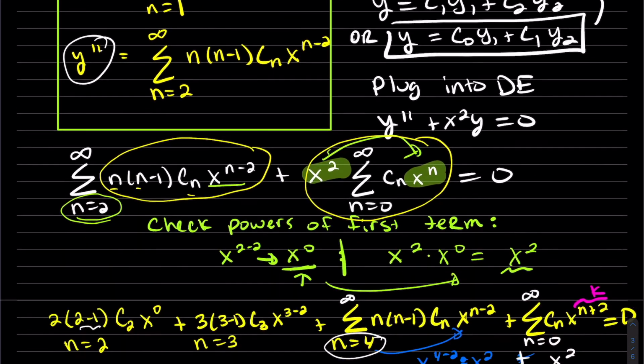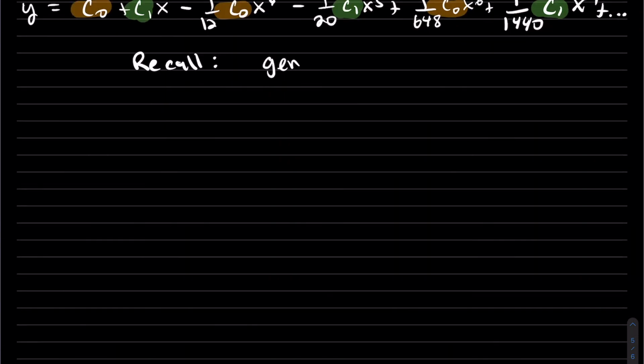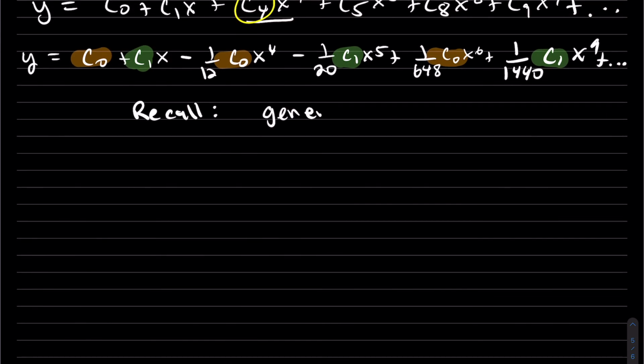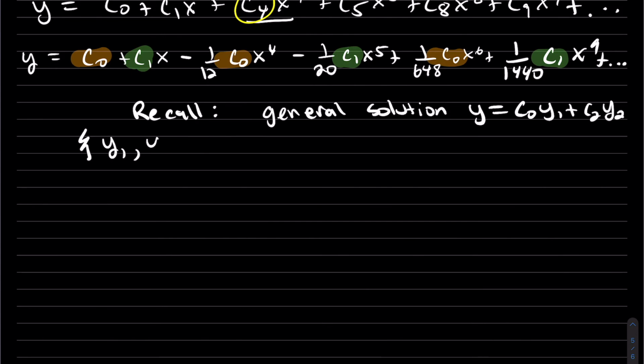Okay, so let's write that underneath here. So our general solution is y equals c naught y1 plus c1 y2, and we have my two fundamental solutions, y1, y2. Okay?